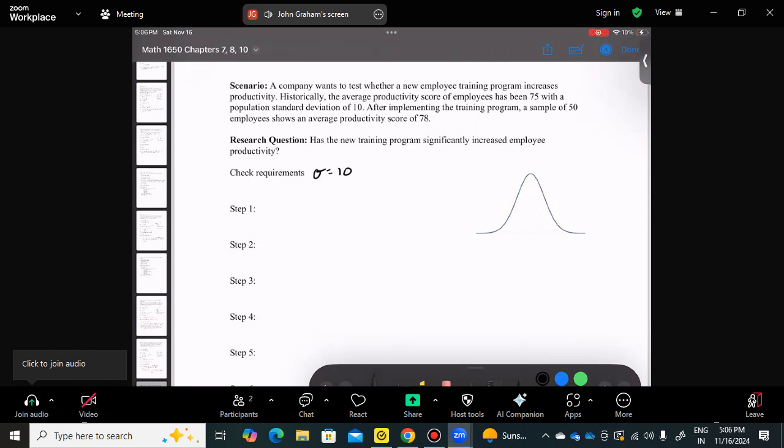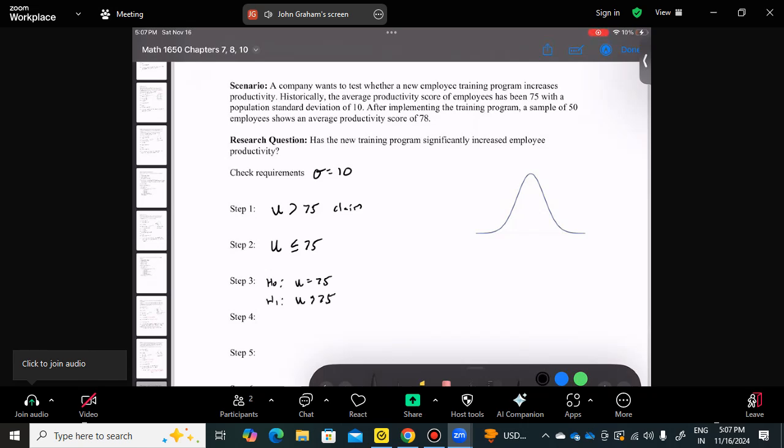Our claim is that the mean score has increased and is greater than 75. The opposite of this is that the mean score is less than or equal to 75. So our null hypothesis is that the mean score is equal to 75, and the alternate is greater than 75.